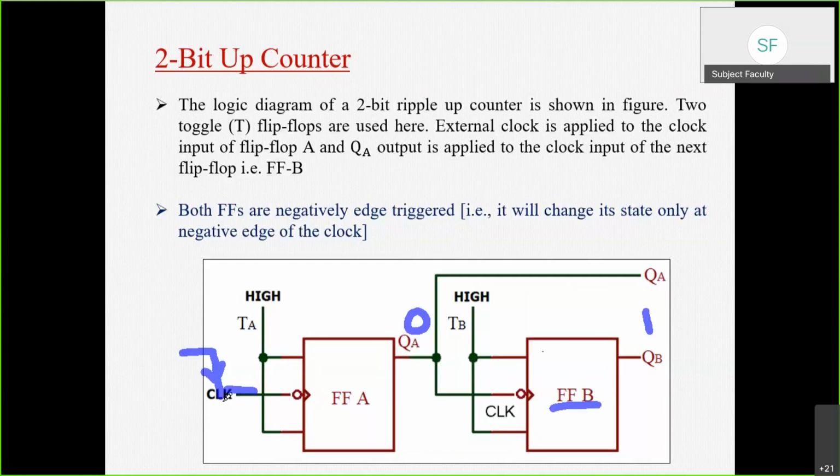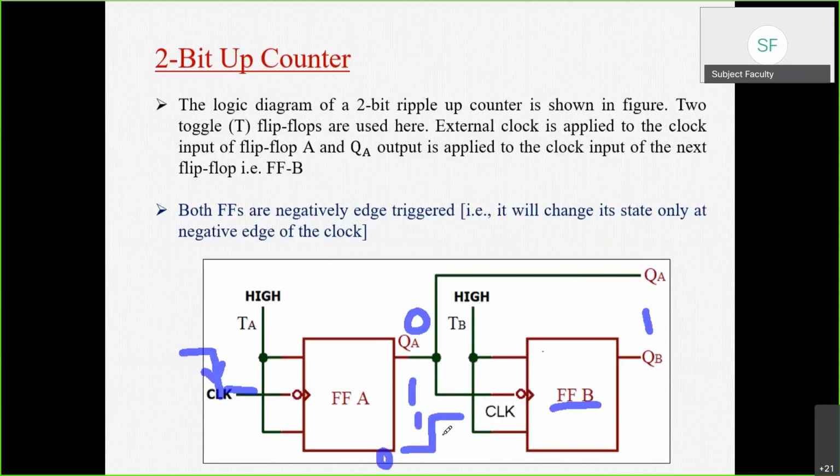Okay. So now at the third clock edge, what will happen? This 0 will now become 1. Now tell me, initially QA was 0 and now it is 1. So is this a positive edge or a negative edge? This is a positive edge since it is going from 0 to 1.